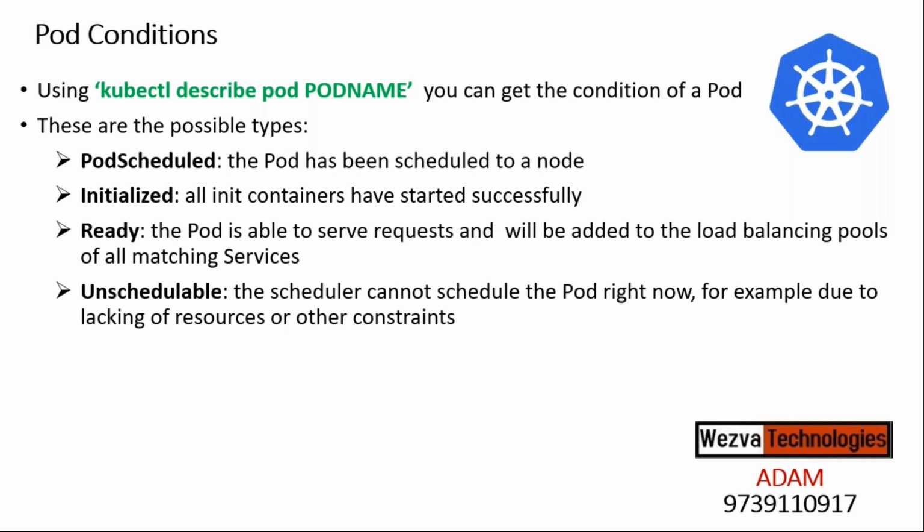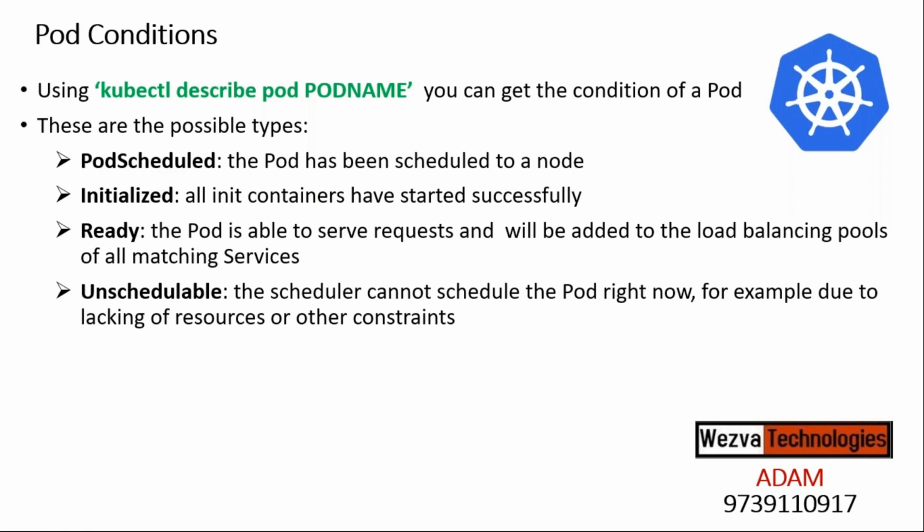In that, you will be able to find out the condition of a pod. Typically there are 4 conditions of a pod. The first condition is pod scheduled. What do we mean by pod scheduled? Whenever Kubernetes is able to find a machine and assigns the pod to a particular machine, then the state of the pod will be pod scheduled.